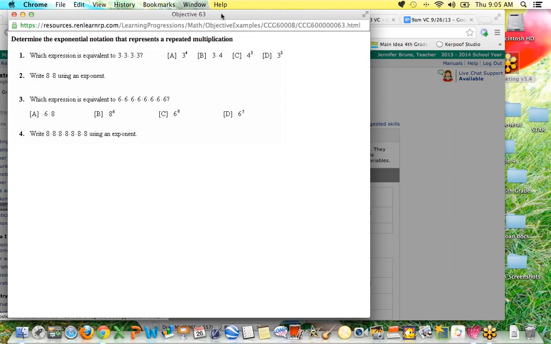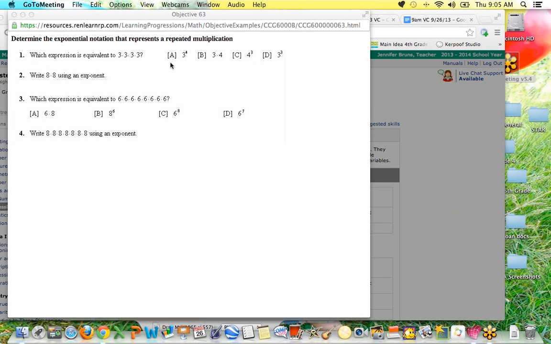All right. Question number 1. Which, and you're going to type your answer into the chat, by the way. Which expression is equivalent to 3 times 3 times 3 times 3? You have choice A, B, C, or D. So let's just warm up our brains and start off here.